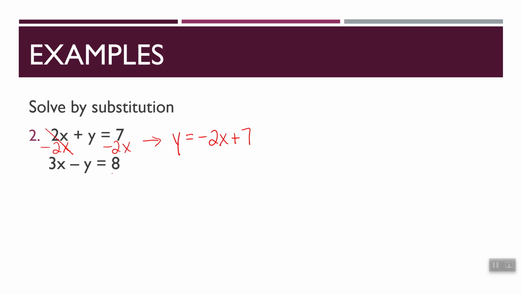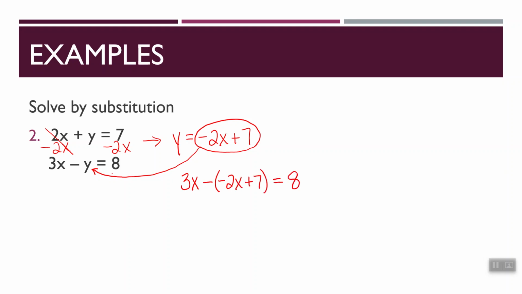Now I've got the first equation solved for y, so I'm going to take this expression and plug it in for y in the second equation. What this does is write y in terms of x. Y equals negative 2x plus 7, so I can take that and plug it in for the y in the other equation, and now I have an equation, watch your signs here on this one, that just contains x's.